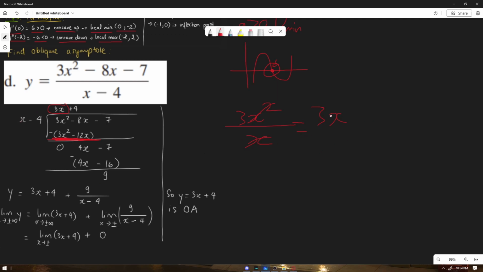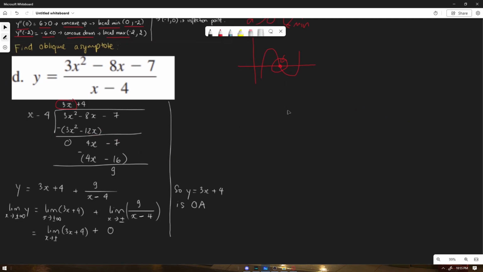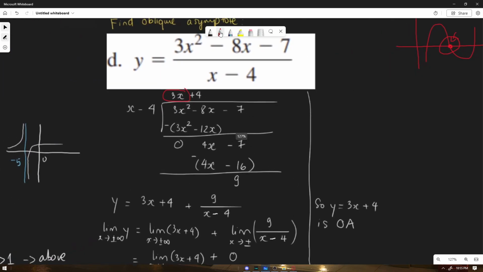Now after you've gotten 3x, we are going to multiply 3x into x minus 4, and this will give us this right here, 3x squared minus 12x. After you've gotten all this, now we're gonna subtract it, the top minus the bottom, and we put a bracket on these two.